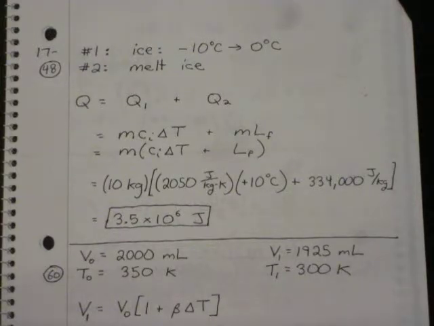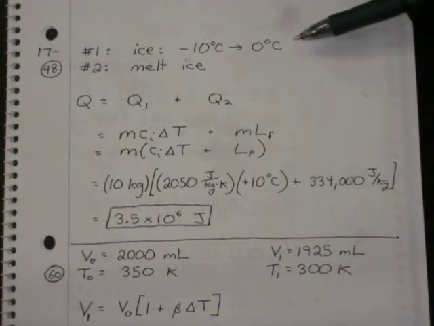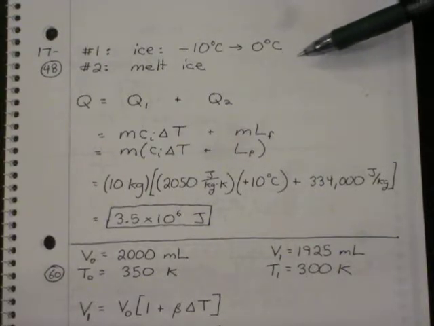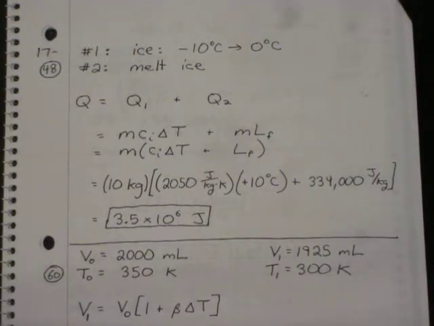And each of those stages is either going to be a change in temperature or a change in phase. So I recommend you list them out. Stage number 1 is while it's ice, it goes from negative 10 degrees to 0 degrees Celsius. Once it gets to 0, it melts. And then it's over with, because the question is asking how much until it melts.